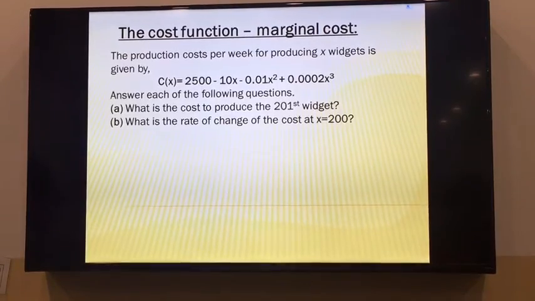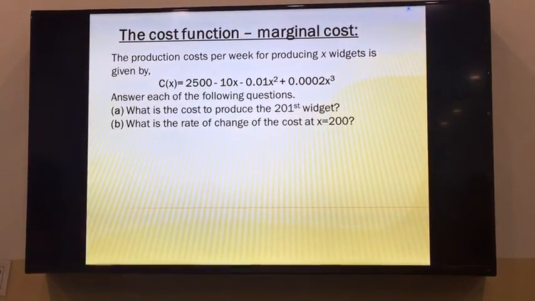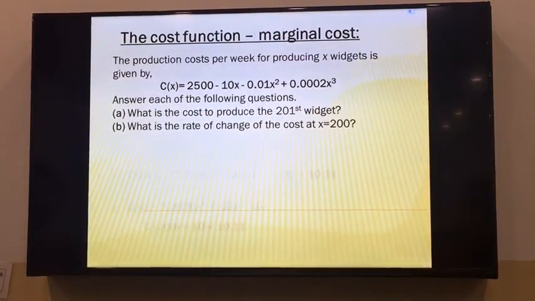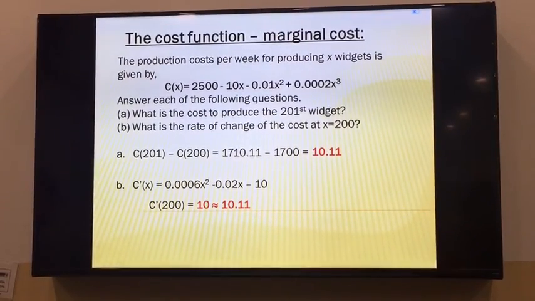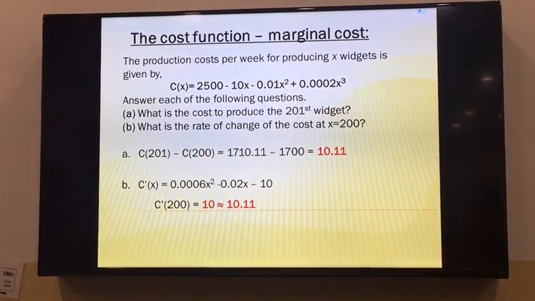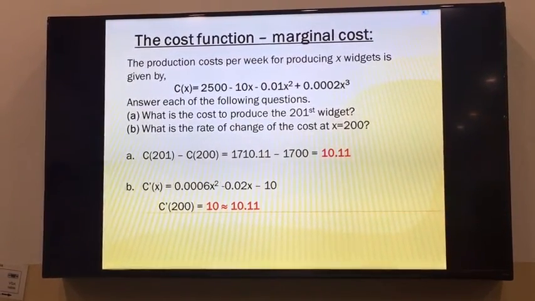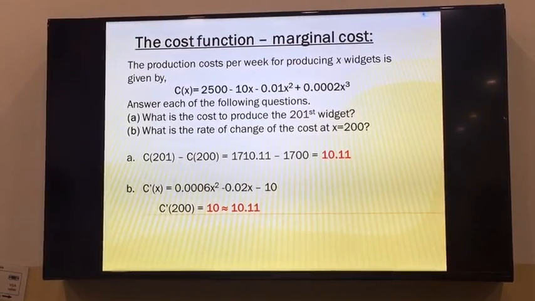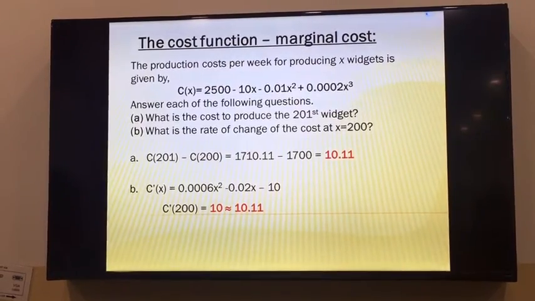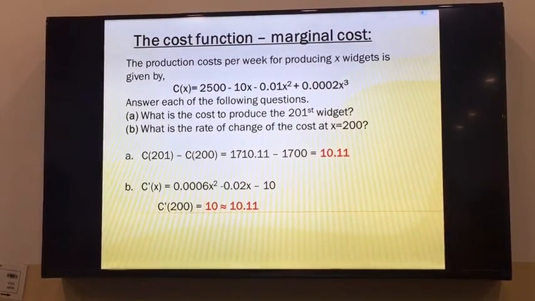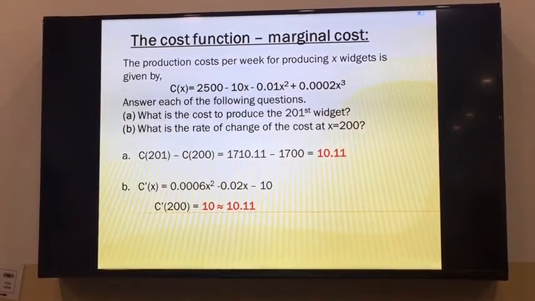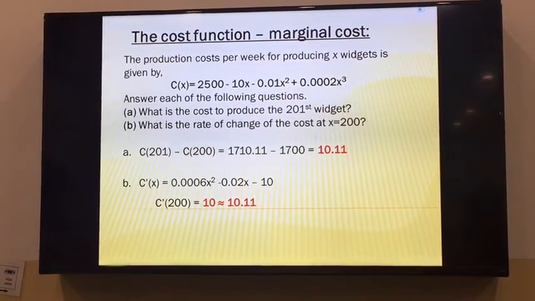In other words, what we're looking for here is C of 201 minus C of 200, and we will get the answer equal to 10.11. For part B, I will differentiate C of x and then substitute x equals 200, and the result is 10.